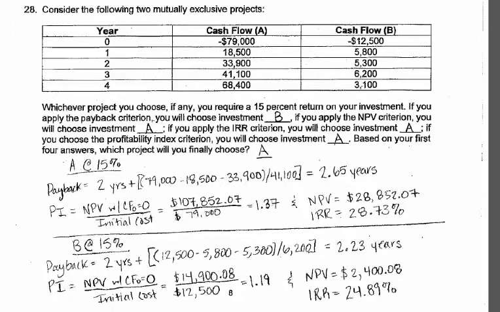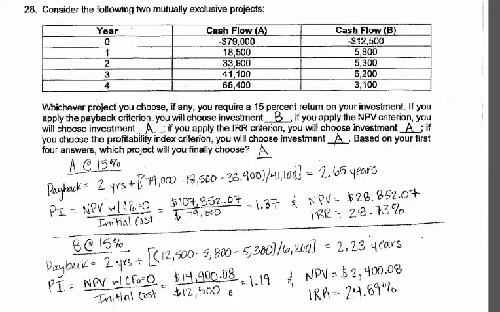We'll take cash flow A. It costs $79,000. So when do we get our $79,000 back? Well, it's not going to be in year one, and it's not going to be in year two. If I add those two together, I know I've still got a little bit left over. So let me figure out how much I've got left in year three. If I subtract 18,500 and 33,900 from 79,000, I have 26,600.